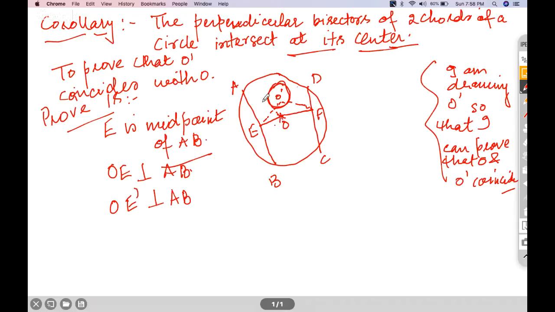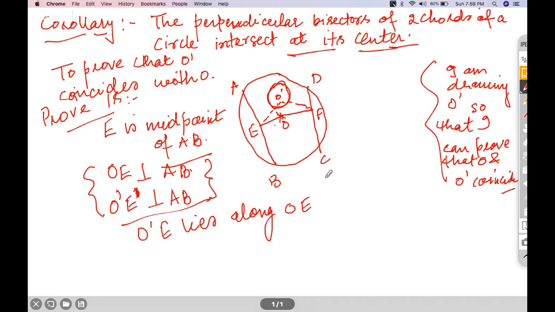I have taken 2 points, O and O dash. This is only possible when O dash E lies along OE.